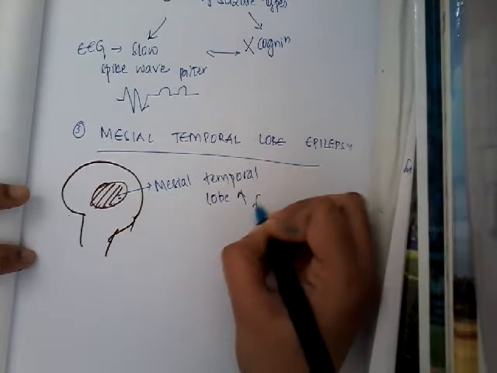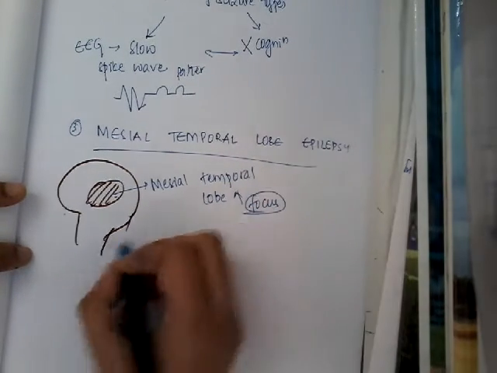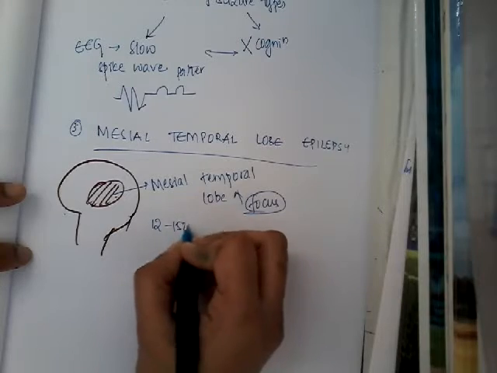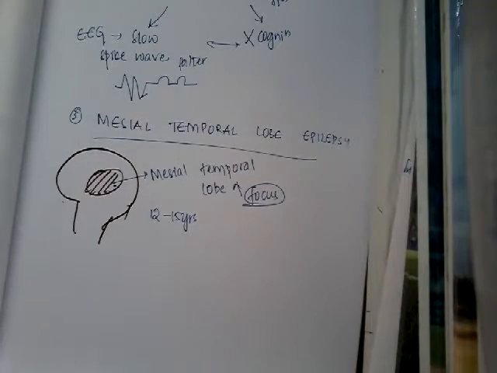It is more common between 12 to 15 years, that is adolescence, and here the person has a slow progressive decline in cognitive performance. For example, the child cannot learn new language or new knowledge. That is called anterograde learning disability.